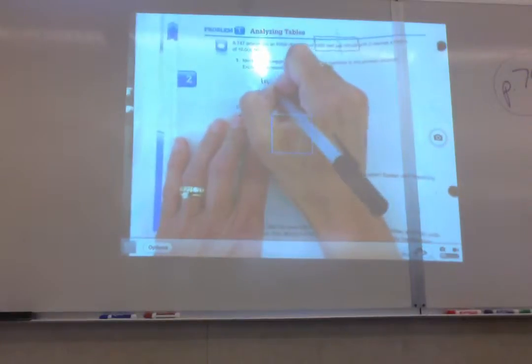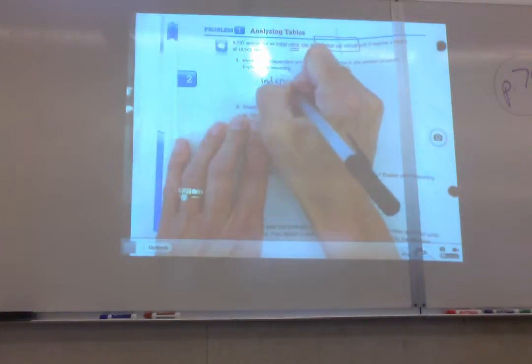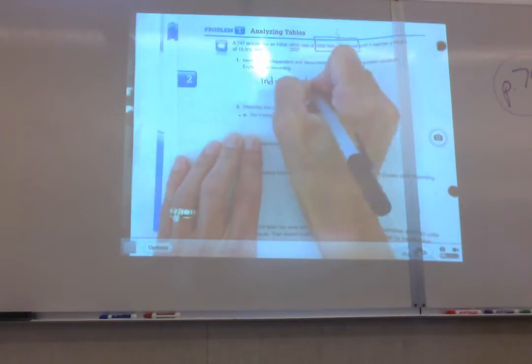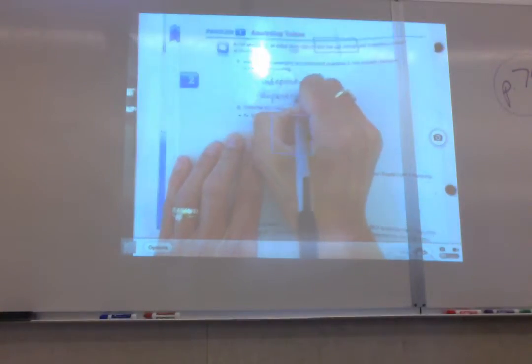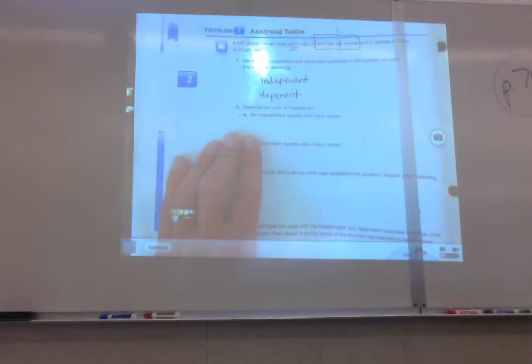So independent, dependent. Okay, who's the independent and dependent? And we will explain our reasoning. Who thinks they know?